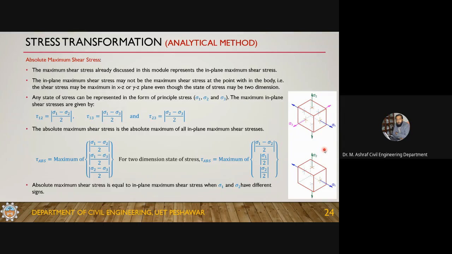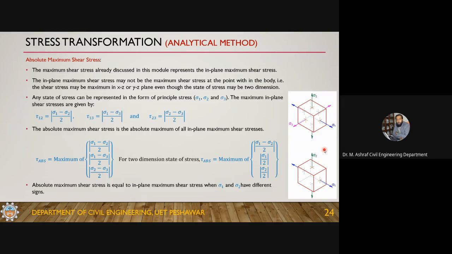The in-plane maximum shear stress may not be the maximum shear at the point within the body. The shear stress may be maximum in the XZ or YZ plane.